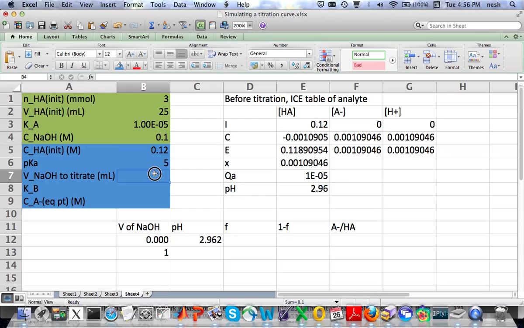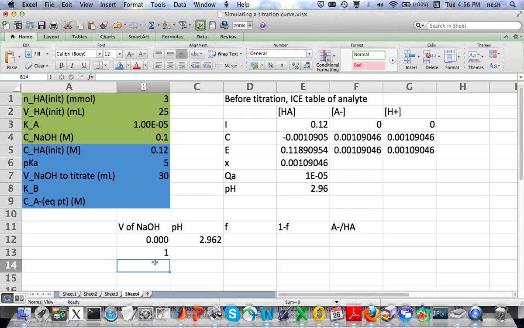All right, let's see how I'm going to do. I'm going to say equals the number of millimoles of the analyte divided by the concentration of the analyte. And let's see if that gives me a number. Yep, that gives me 30, and the units would have to be 30 mL. So that's the amount of titrant I'll need to add.